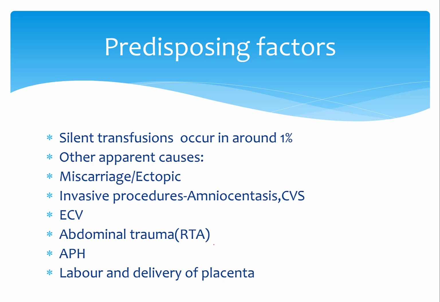So what are the predisposing factors for this Rh isoimmunization? In a normal pregnancy, with a negative mother carrying a positive baby, or even same blood group mothers, fetal-maternal transfusion silently occurs in about 1% of cases.